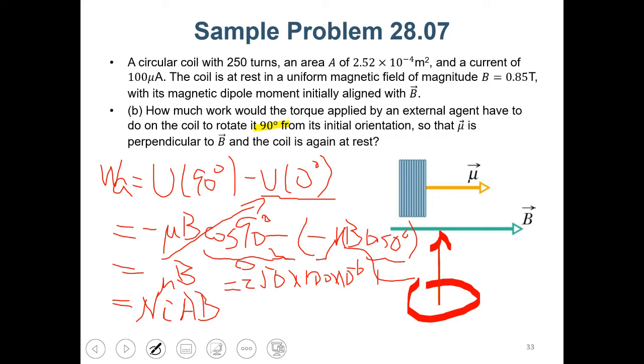A is 2.52 times 10 to minus 4, and then B is 0.85. So finally, it would be 5.36 μJ.